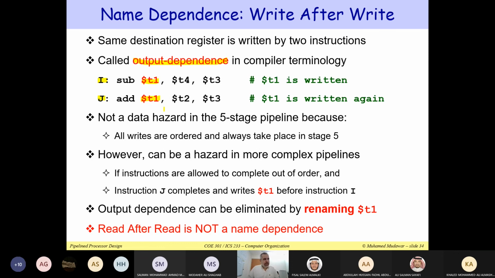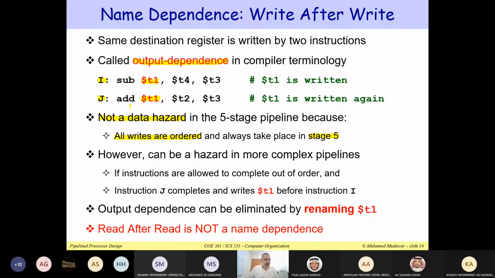Now, in our simple 5-stage pipeline, it's not a data hazard. Why is it not a data hazard? It says here, all writes are ordered and always take place in stage number 5. So the pipeline will guarantee that the first instruction here, which is the subtract instruction, is going to write back first.